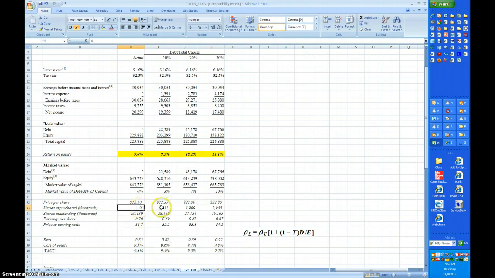Now, in this case, they're repurchasing shares with the funds. When they have $22,589,000 in new debt, they're capable of buying, at this new price, 22.35, they're capable of buying back 1,011,000 shares. And it goes up. The more debt they borrow, the more shares they can repurchase.